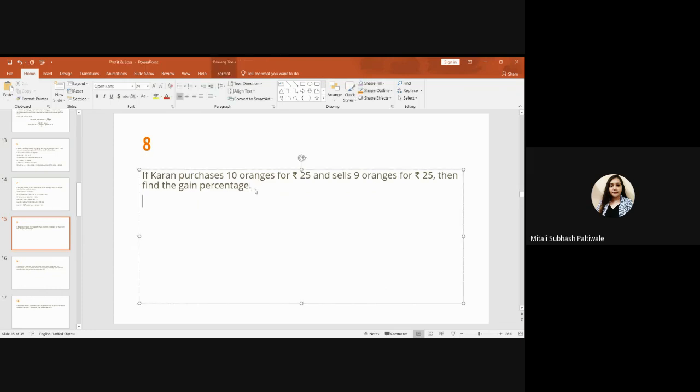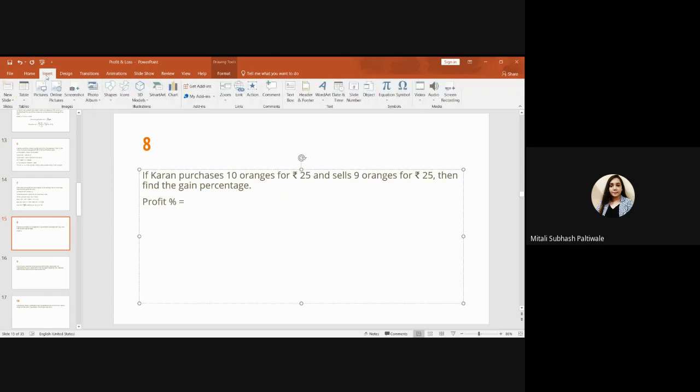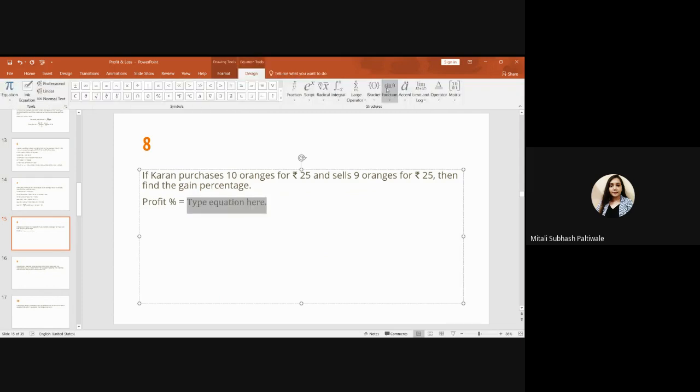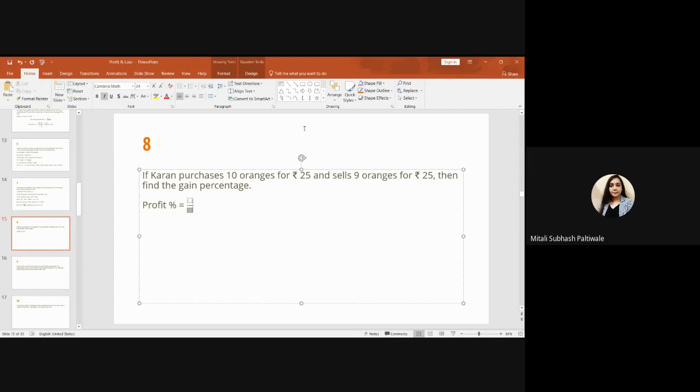Okay, now the formula for profit percent would be equal to (m minus n) x by n x.